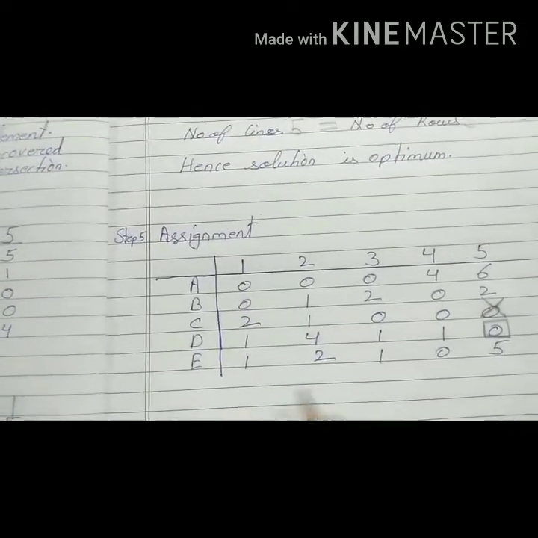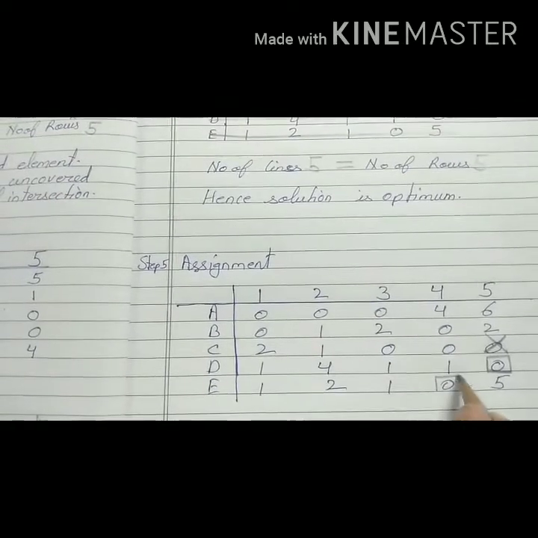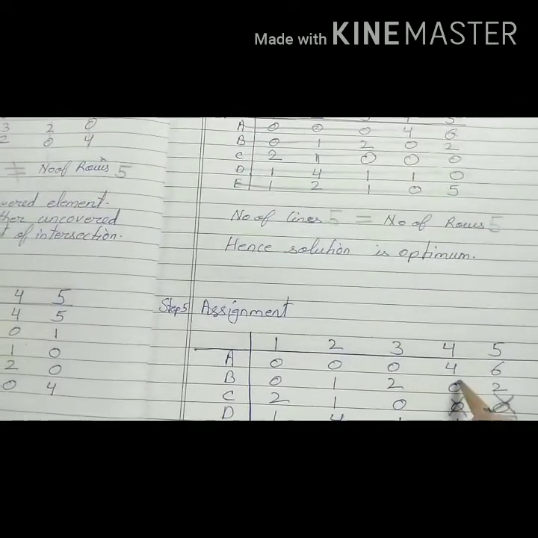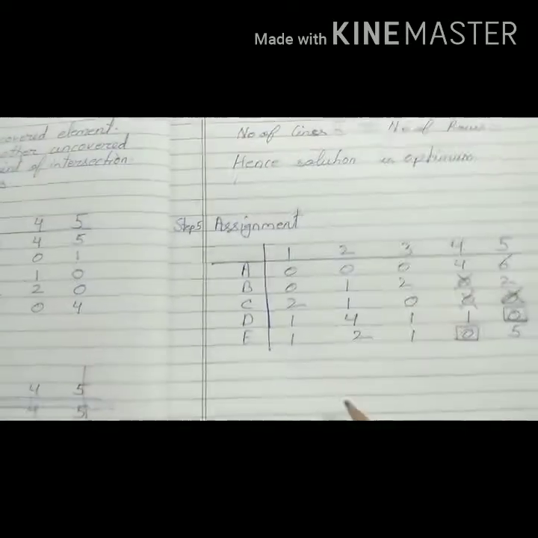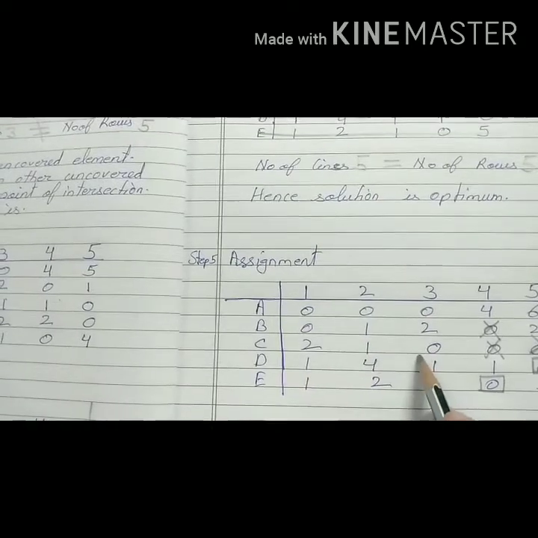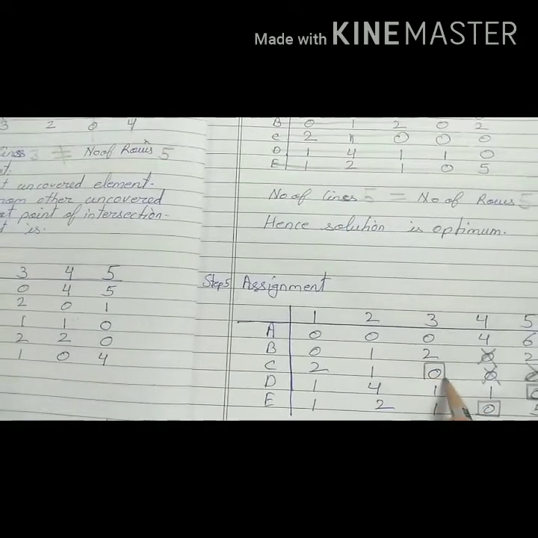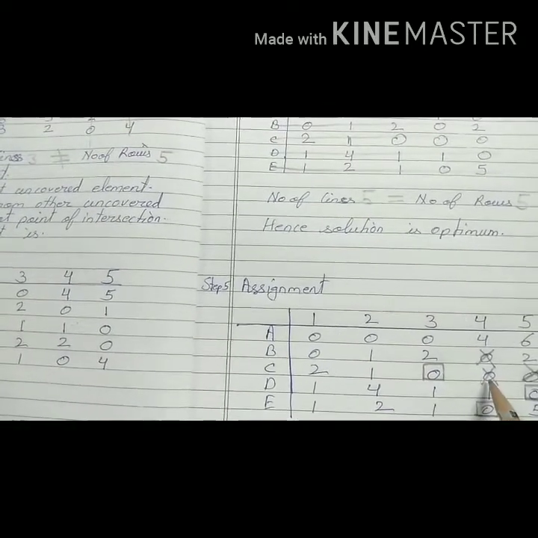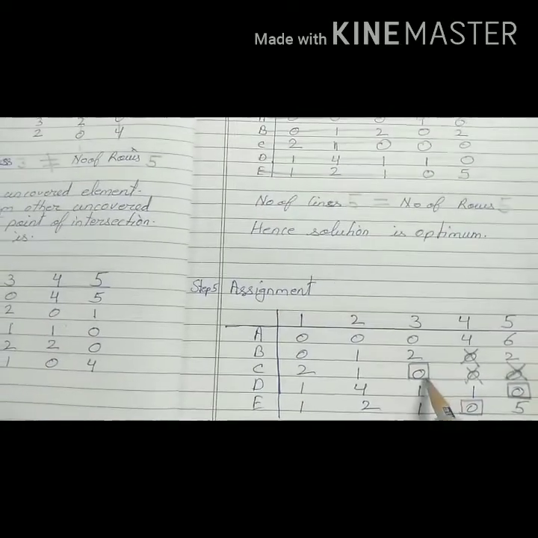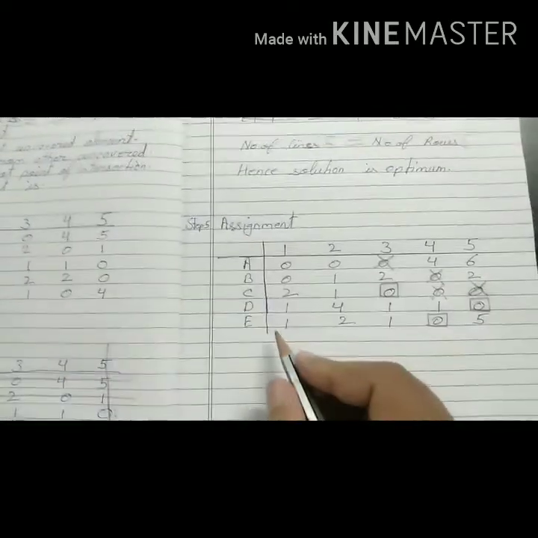So again go for next, any other row. Yes, this zero is there which is having single zero. Again cut the similar zeros. Clear? Next, any other single zero remaining? Yes, this single zero is remaining because the similar zeros of these rows are already cancelled. So we can mark this. So again cut this. Again check.